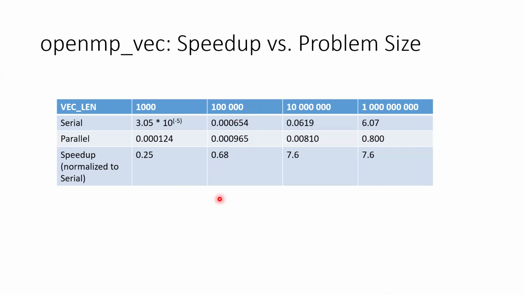So these are the speed ups that we measured with the same program. With program sizes like 1,000 or 100,000, the speed ups are actually slower.